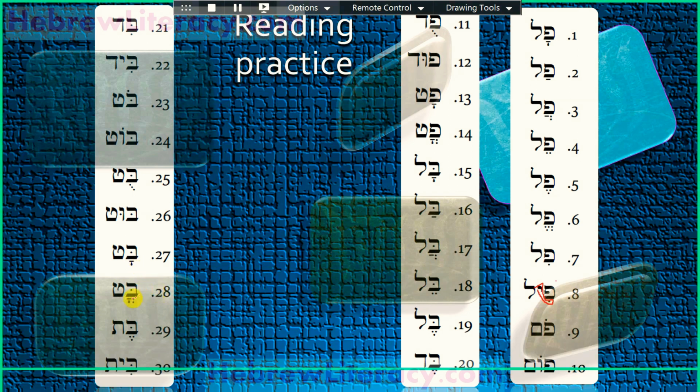28. Look, we have a composite schwa, so there has to be an O sound in this case. It's Chataf Kametz. Boat. Number 29.